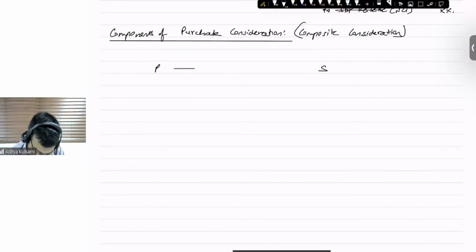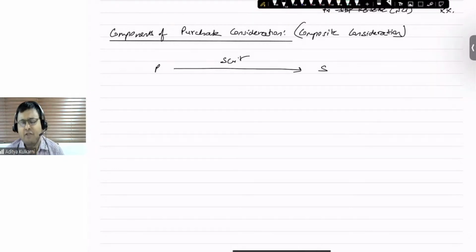Prior to acquisition, P had filed a suit on S for infringement of a copyright. Let us just take it as an example.